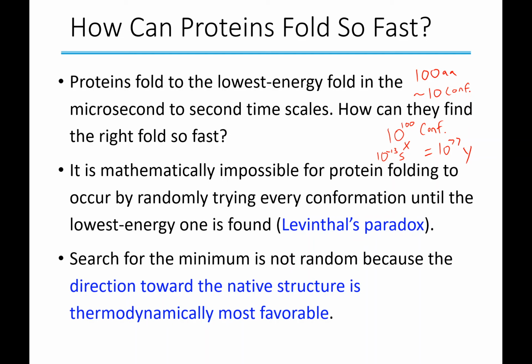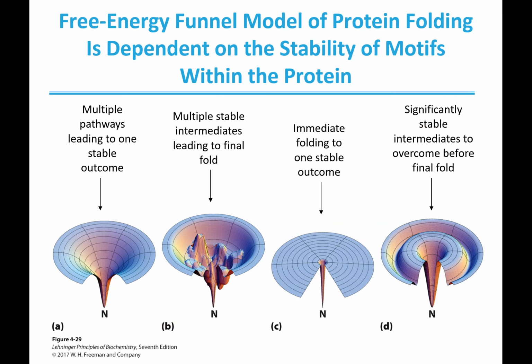The direction towards that native structure is following a direction of thermodynamically most favorable steps. And that's where this idea of a free energy funnel comes from. You're not just randomly trying to get to the native structure.